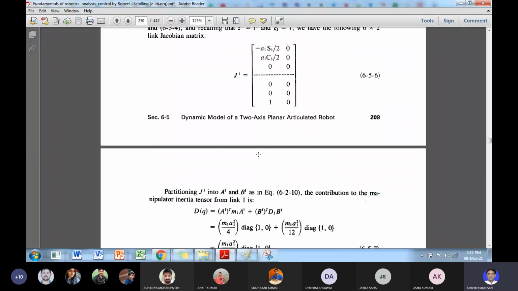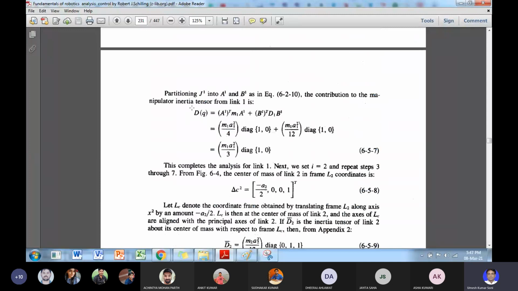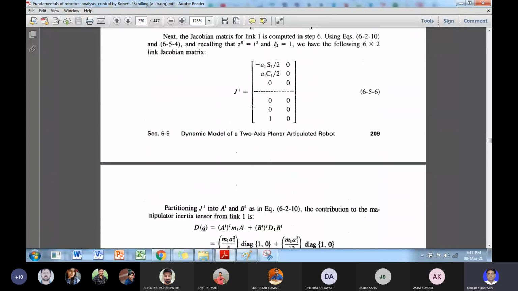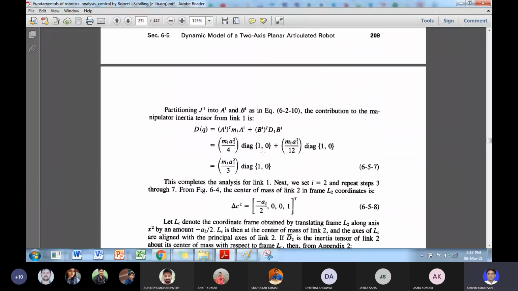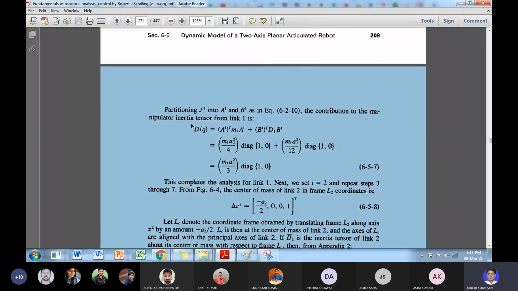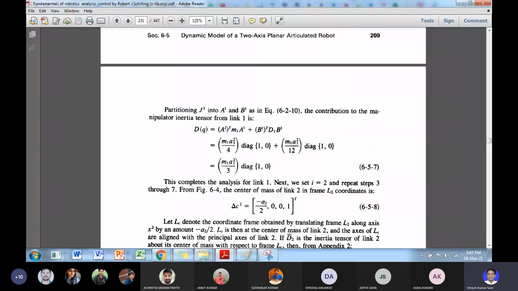Okay, second, you determine the extended inertia after you calculate the A and B. You have A and you have here B. Then what will be the total inertia tensor?